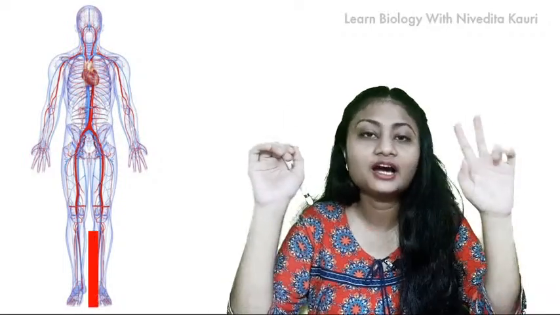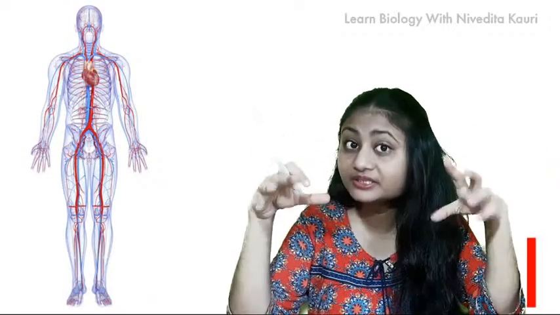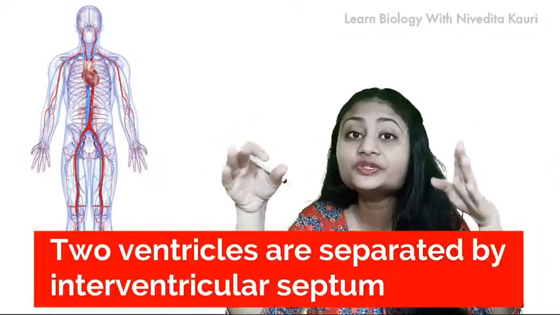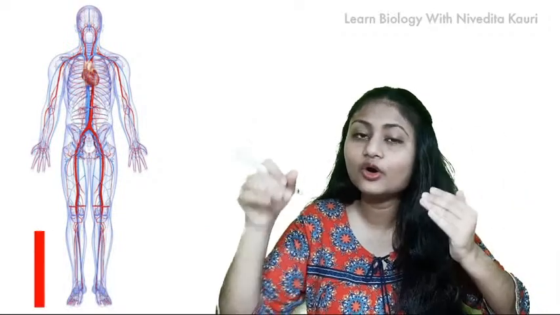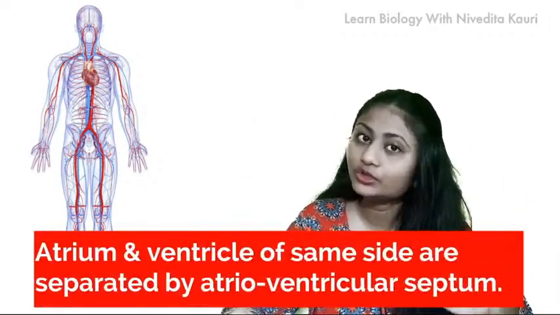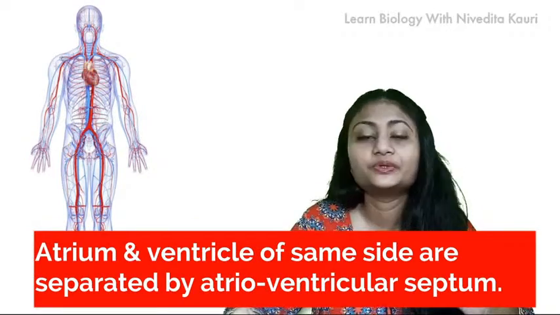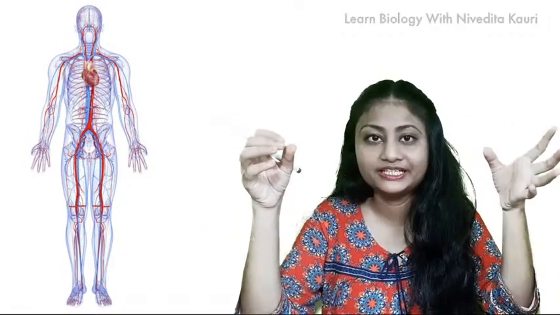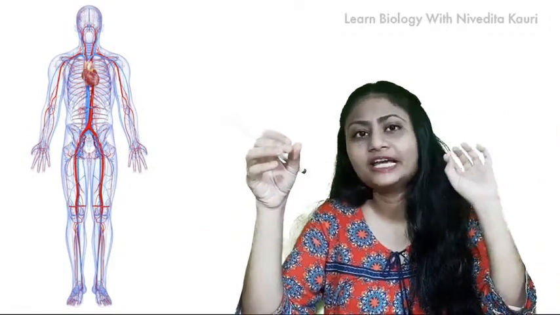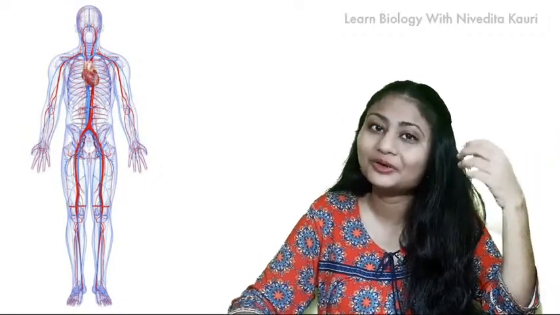The two atria are separated by interatrial septum, two ventricles are separated by interventricular septum, and the atrium and ventricle of the same side are also separated. They are separated by atrioventricular septum. Each atrium has one appendage named as the auricle. It is so named because it looks like the pinna or auricle of a dog.